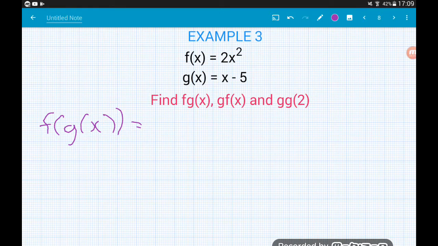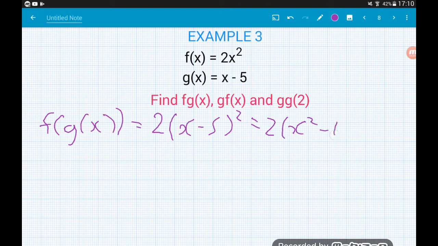We're substituting the g function into the f function. That will give us 2 lots of x minus 5, squared. Again, we've just substituted x minus 5 into the x in the f function. If we expand that bracket, we're going to be left with 2 lots of x squared minus 10x plus 25.